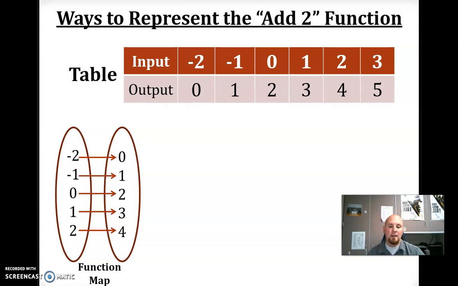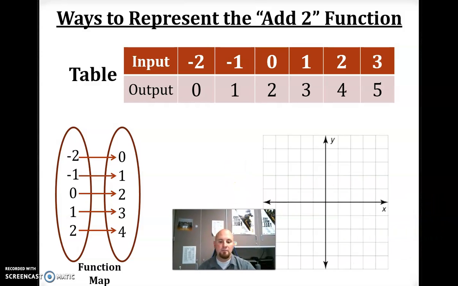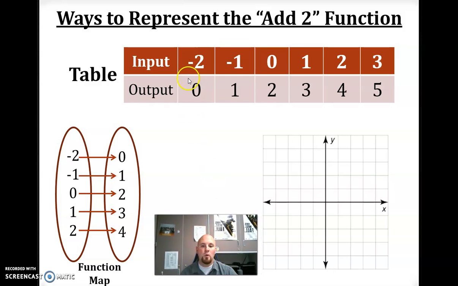Okay? The next way of doing it is by graphing. Each one of these inputs and outputs is a point on a graph, like the point negative 2, 0, and negative 1, 1, and 0, 2. So you can take your inputs and your outputs and plot them and create a graph.